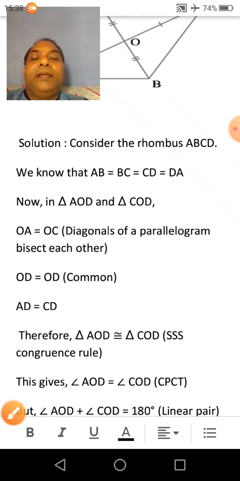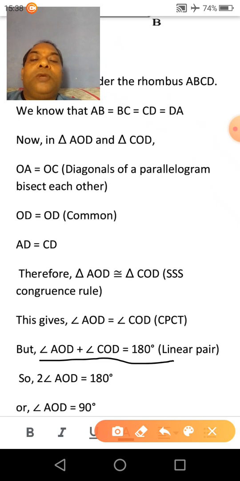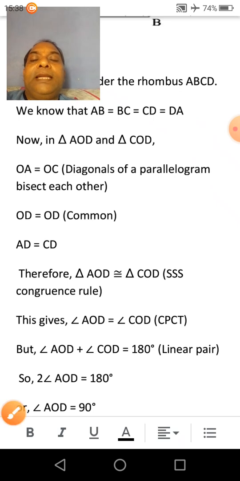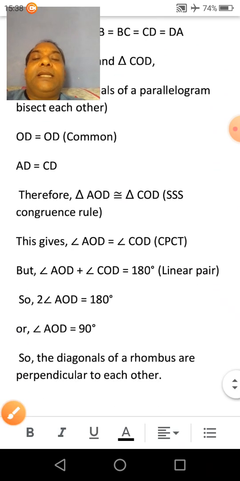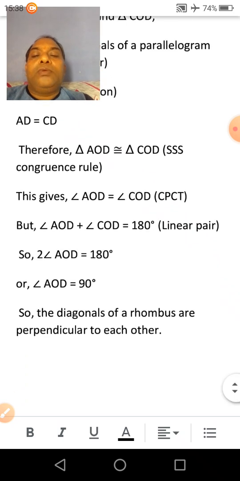Clear? And AOD plus COD is equal to 180 degrees, because AOD is equal to COD as already proved. So put AOD in place of COD, then twice AOD is 180 degrees, so angle AOD is equal to 90 degrees. So we can say that the diagonals of a rhombus are perpendicular to each other.